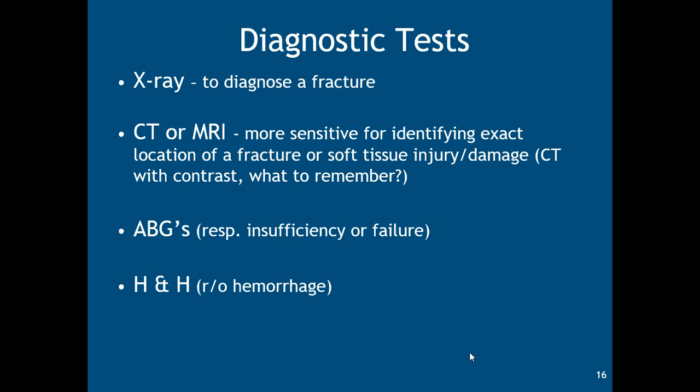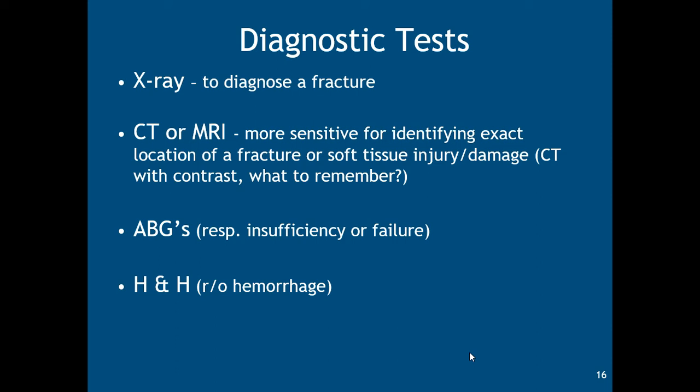For CT, if contrast is used, consider this nephrotoxic. So we want to inquire about metformin use, find out if the patient's using that, and if they are, we'll hold it for 48 hours before or after contrast. ABGs, we'll do ABGs.